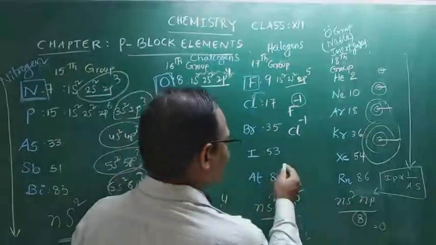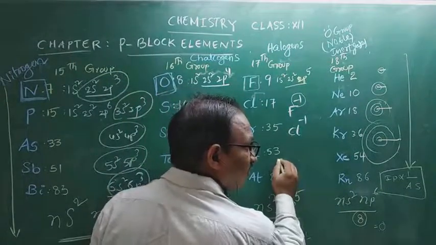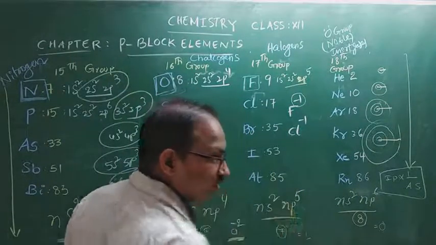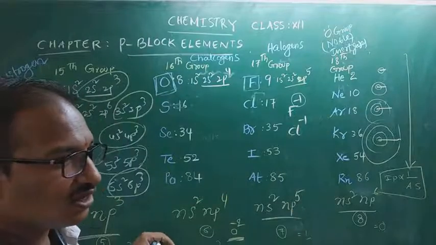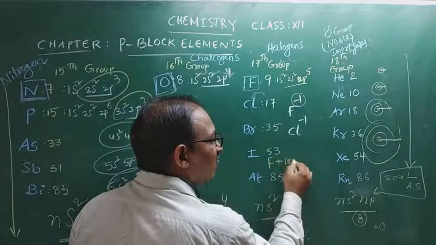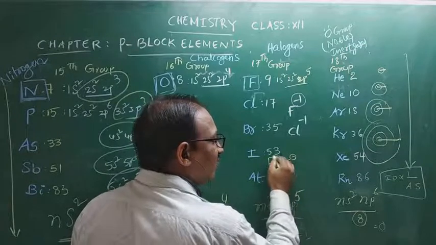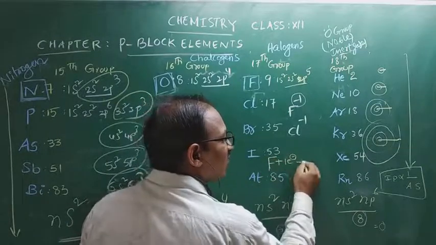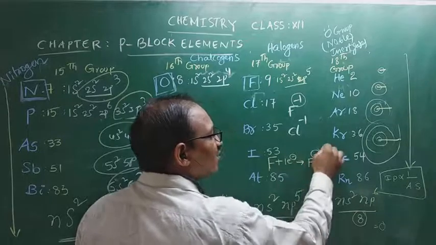I'll show you how it is. When one electron is added to fluorine, we get F minus 1.